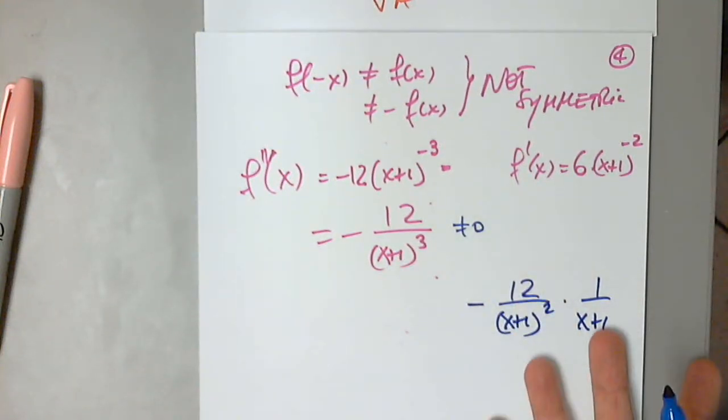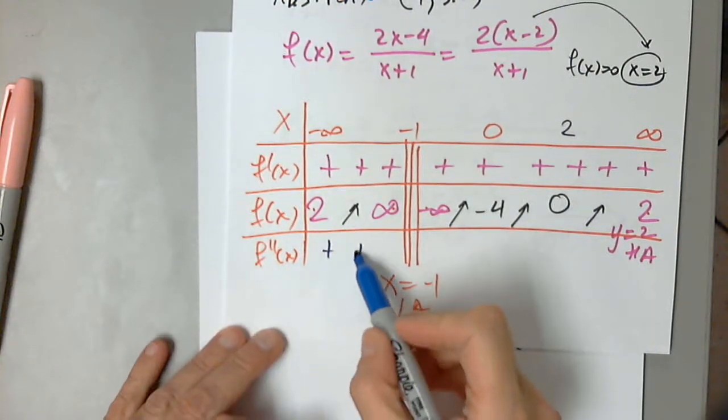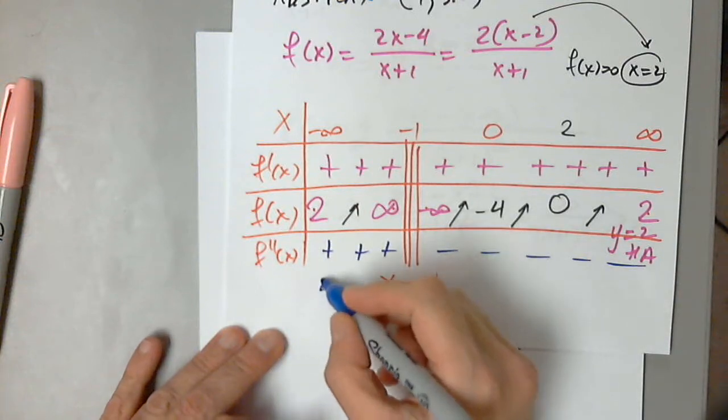Because I don't want to worry about that portion of it. Why don't I want to worry about 12 over x plus 1 squared? So I'm not going to put anything in it. So the sign would be dictated by negative x minus 1. A negative x minus 1 is this, from positive to negative. So I'm done. Crossing at negative 1. Or you plug in a number.